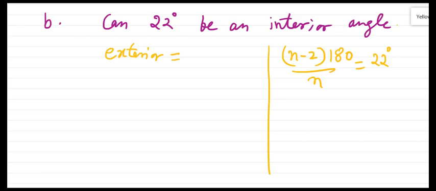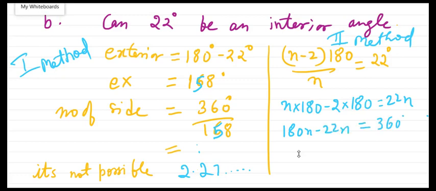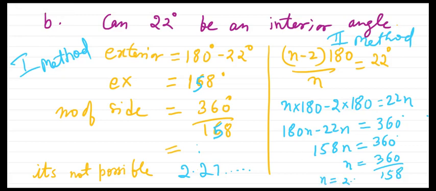Or the second method is to find the exterior angle corresponding to 22 degrees. You'll get 158. So it will be 22n, and you'll get 180n minus 22n equals 360. If you solve this, you'll get n equals 360 divided by 158, so n will be the same, 2.27, right?